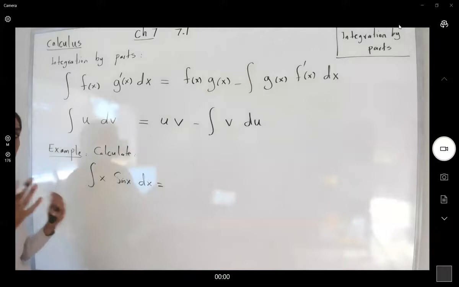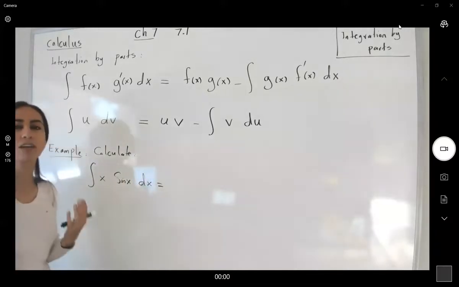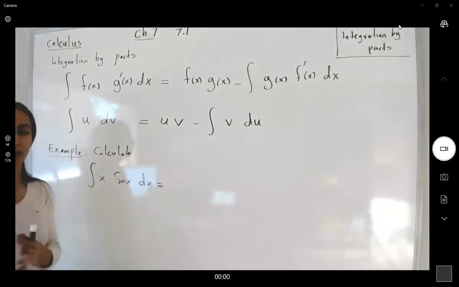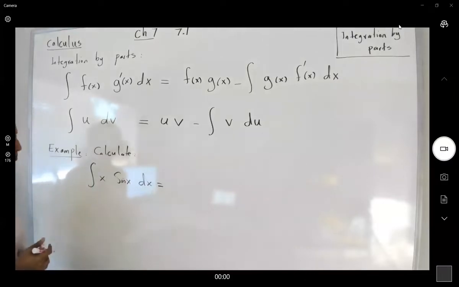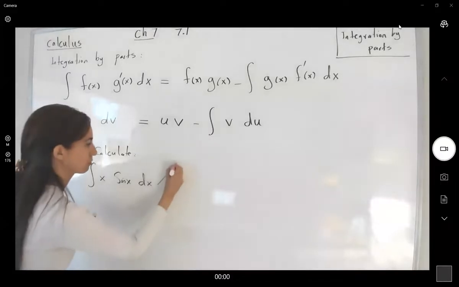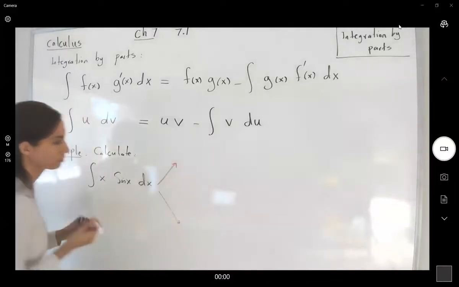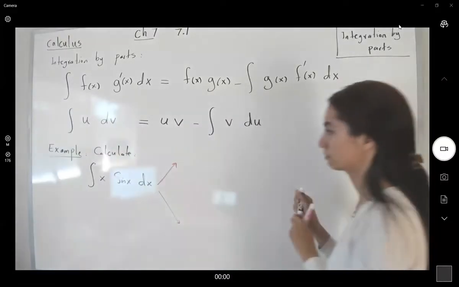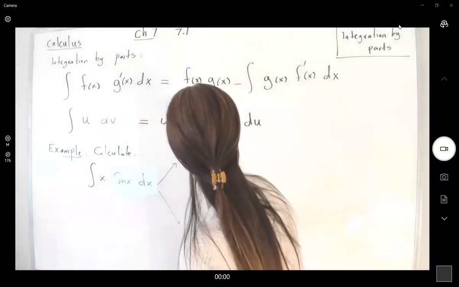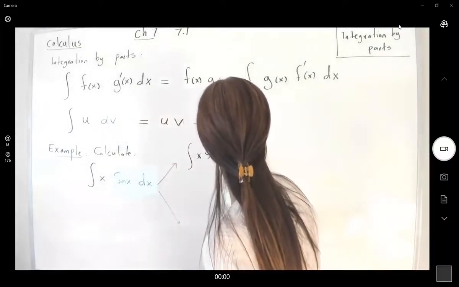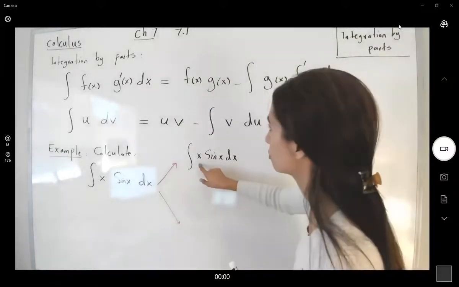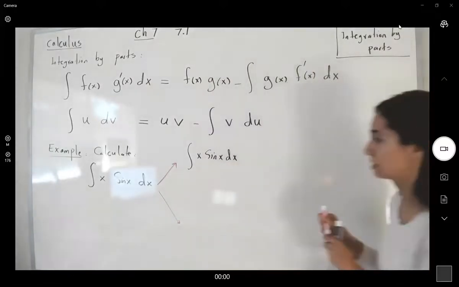I'm going to show you what happens if we use a wrong f and a wrong g, and what the result would be if we select a correct f and a correct g. So let me just use these two. Suppose this is your x sine x dx, and you say this x is going to be my f.